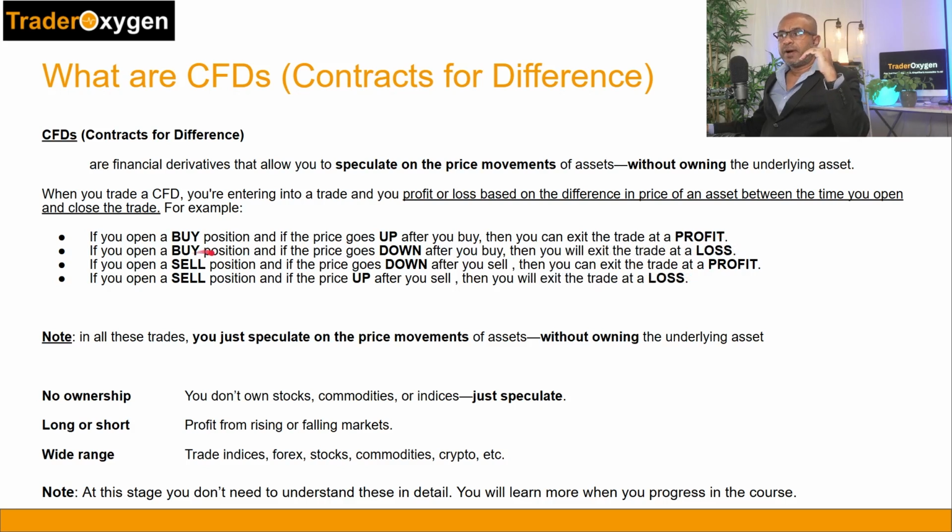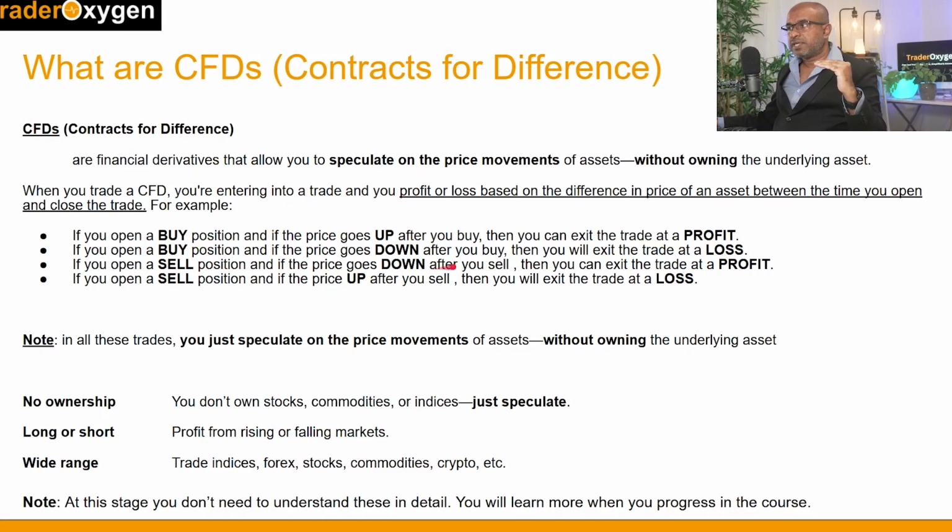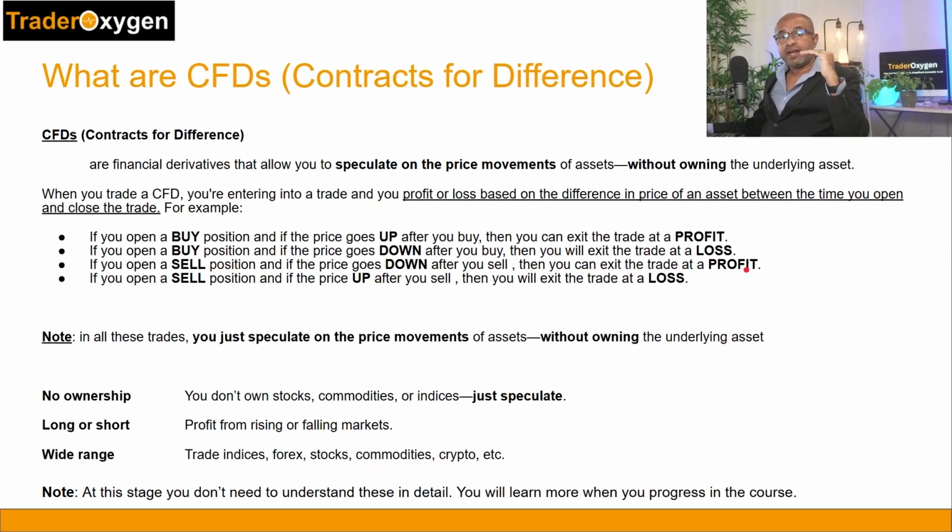If you open a buy position and the price goes down after you buy, then you will exit your trade at a loss. Same for sell positions. If you open a sell position and the price goes down after you sell, then you can exit the trade at a profit. And if you start a sell position and the price goes up after you sell, then you will have to exit the trade at a loss.